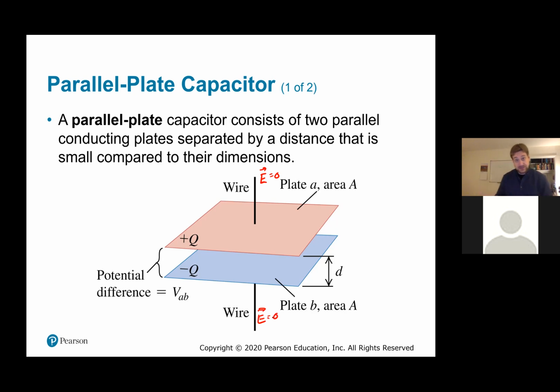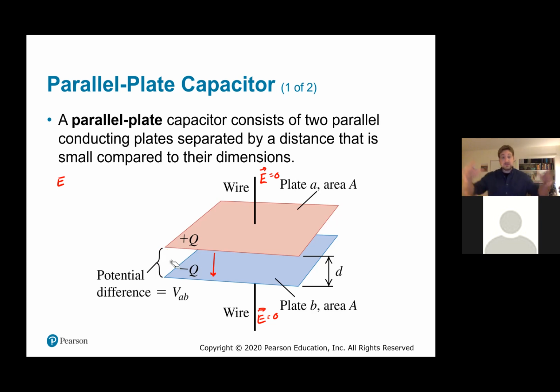In between the plates, we know that the field is related to the surface charge density magnitude on each plate. So we know that the electric field between the plates, which we know points from positive to negative and is uniform throughout the region, except right at the edge, there's some fringing effects that curve the field a little bit, but let's ignore those.